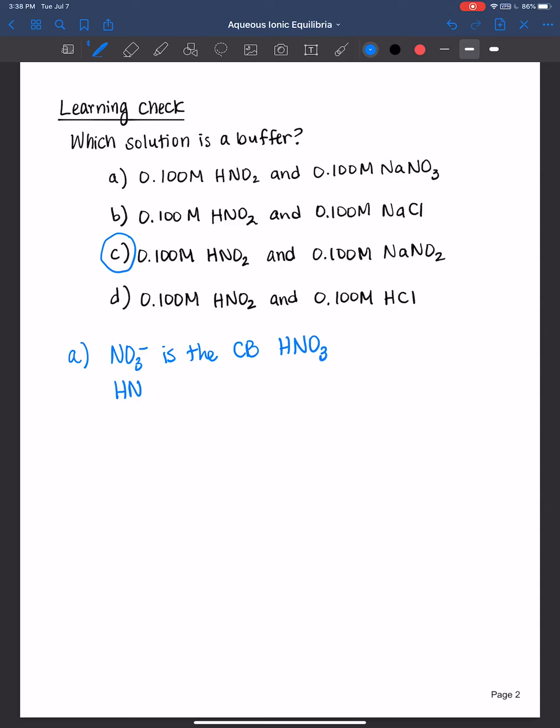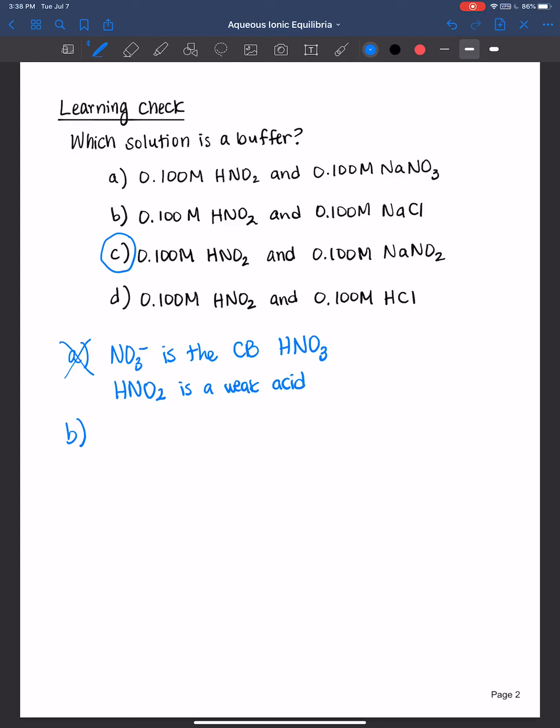Nitrous acid, HNO2, is a weak acid. So that works out for the buffer system, but we need the conjugate base for the nitrous acid, HNO2. So that's why it's not A.